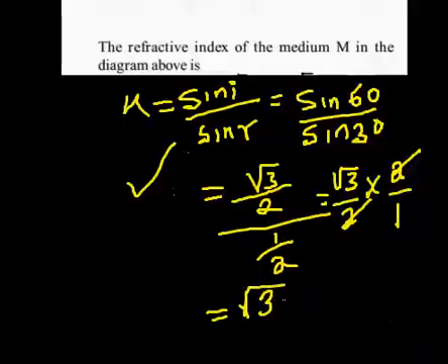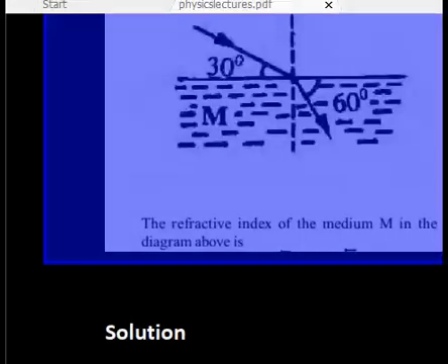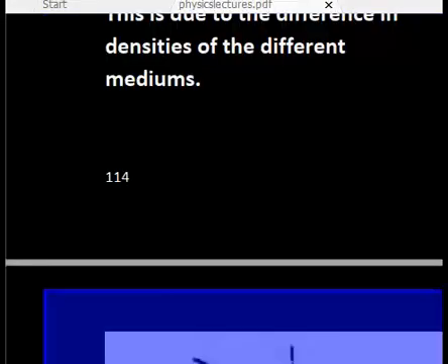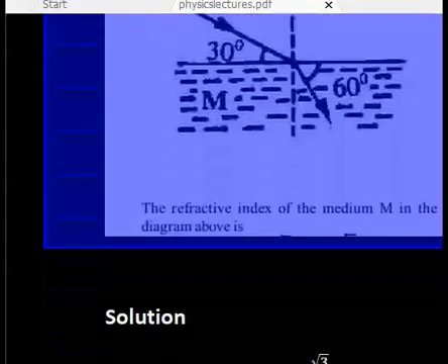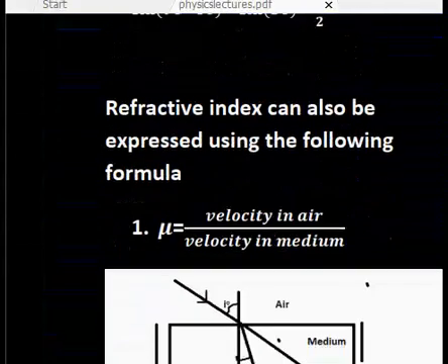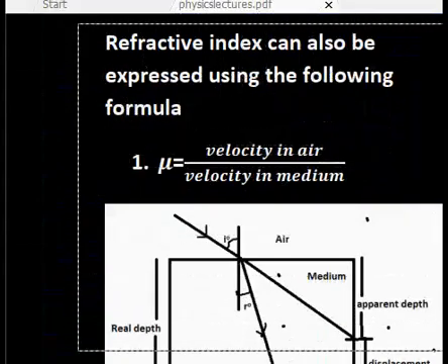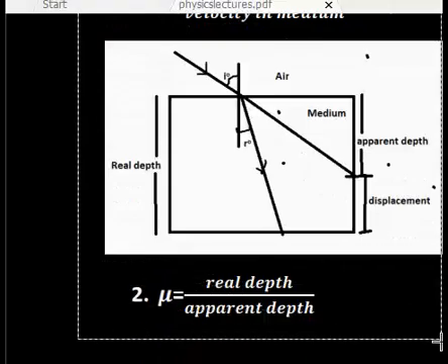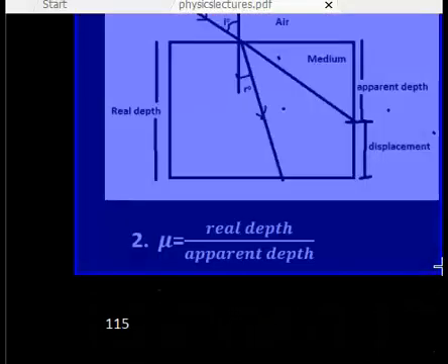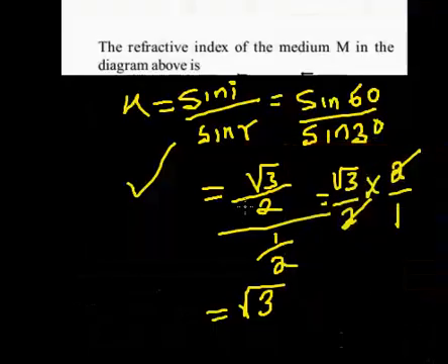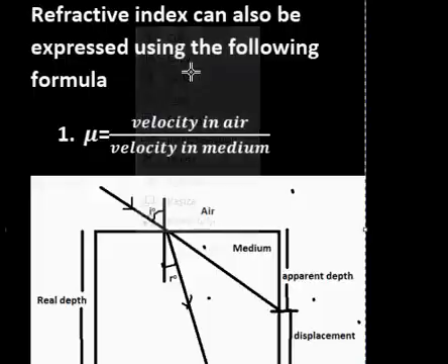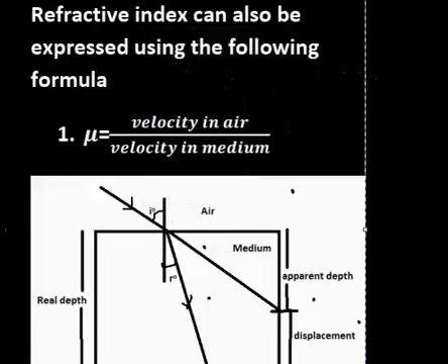So I proceed. Now we are going to look at another way of determining refractive index. Apart from being expressed in terms of the sine of the angle of incidence and that of refraction, refractive index can also be expressed in a different way, using another formula.